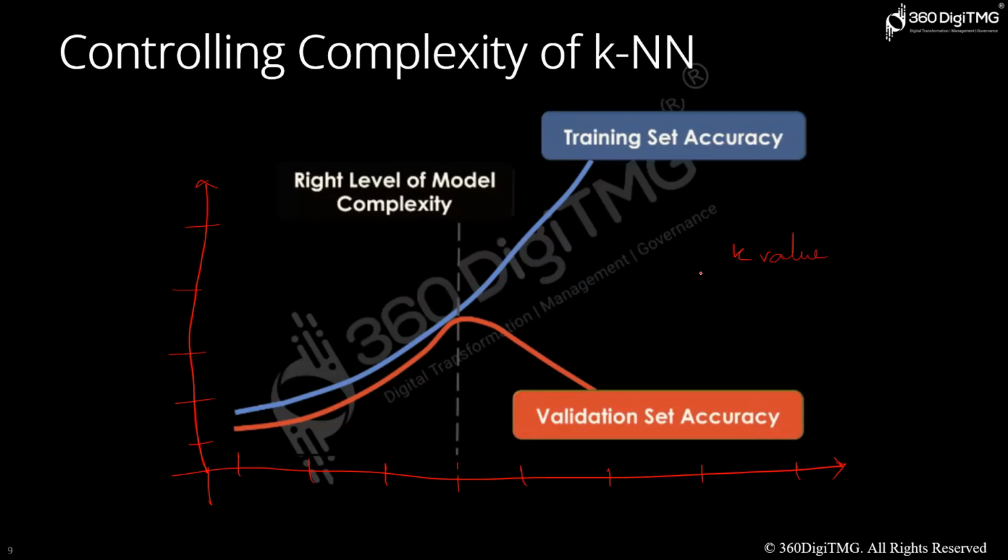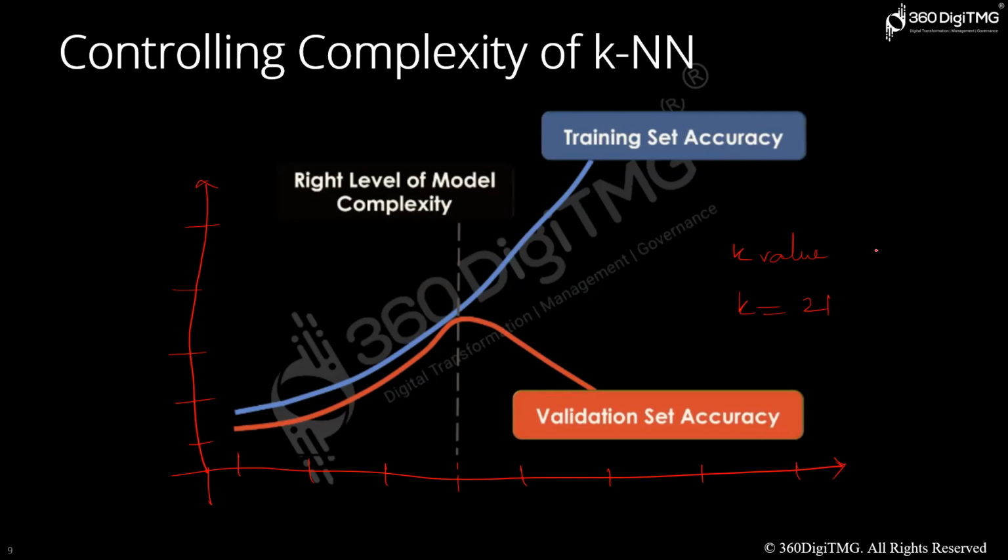For example, let us assume here the k value is 21. We do not know what output we get. We have to keep on experimenting.